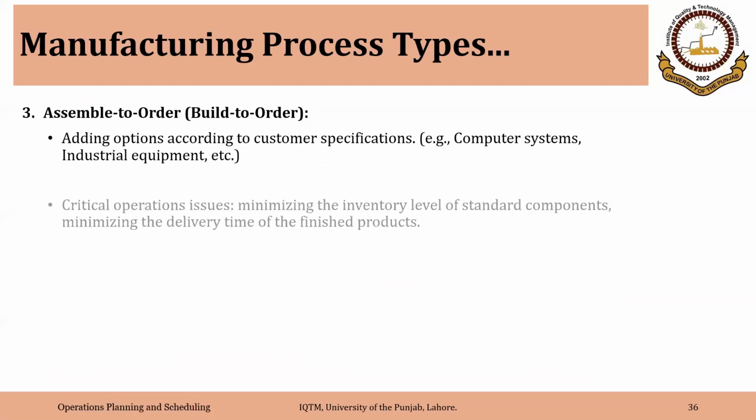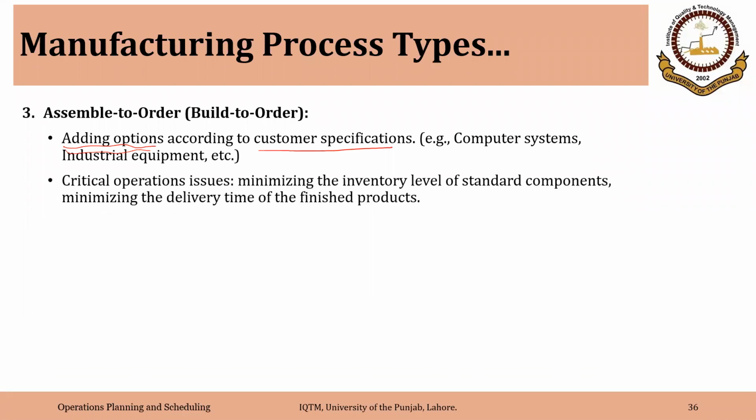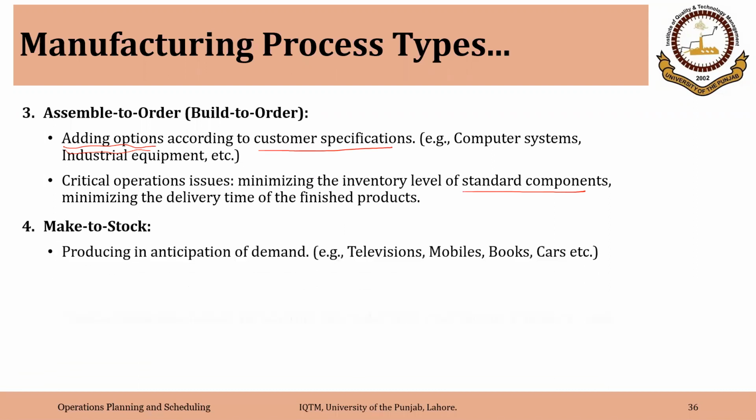Then we have assemble to order, build to order, adding options according to customer specifications. Here again, customer input is important, but about the configuration of the product, not about the design of the product. Critical operations issues are minimizing the inventory level of standard components and minimizing the delivery time of the finished products. And make to stock, here we produce in anticipation of the demand.